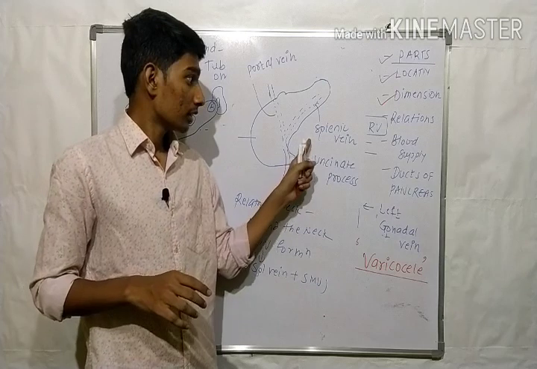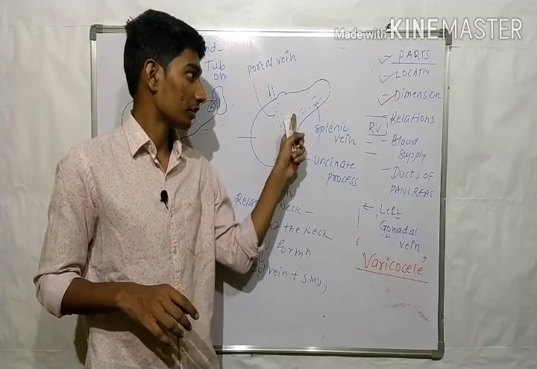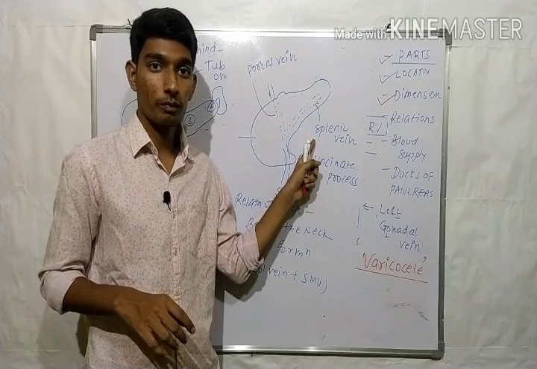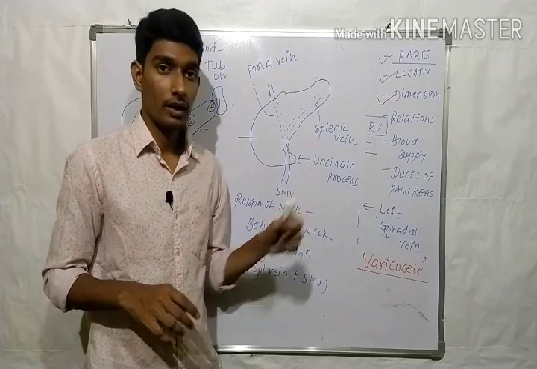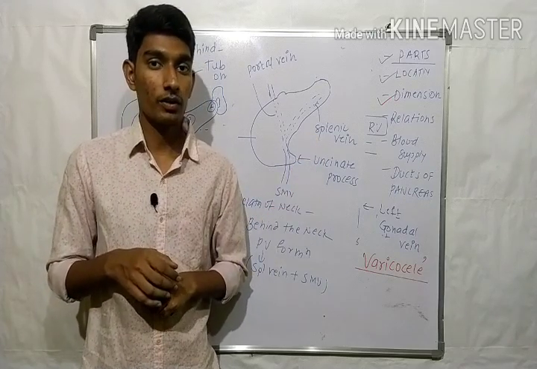Now the splenic vein is along the posterior surface of the body of the pancreas, but is the splenic vein accompanied by the splenic artery or not?